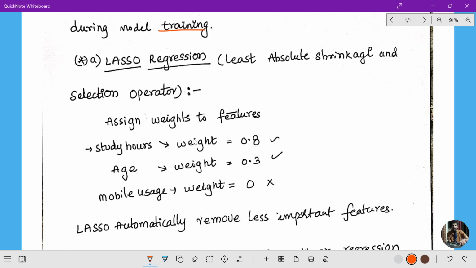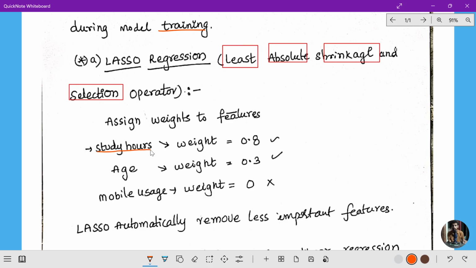So what is the meaning of lasso regression? As you can see on the screen, it stands for Least Absolute Shrinkage and Selection Operator. It assigns weights to the features. So in this concept we have something called weights.